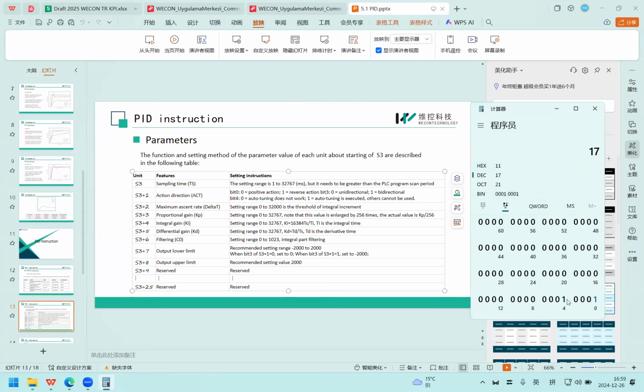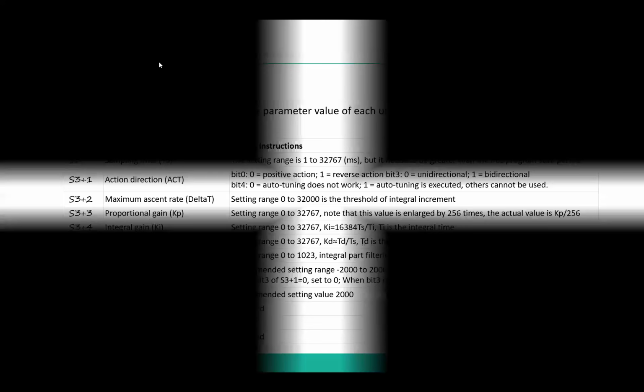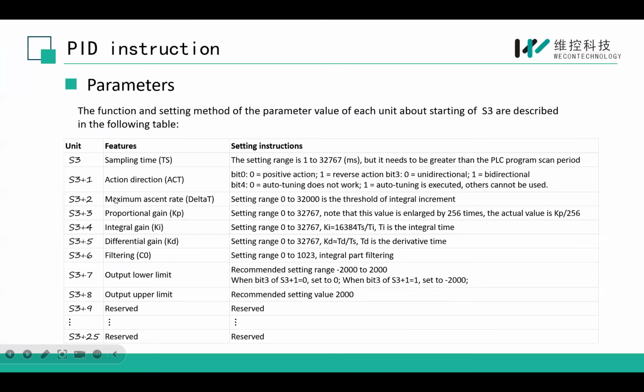If we do not use auto tuning and we want to use it as the heating control, we just set the value of D201 as 0. Okay. Any questions about this action direction parameter? Because it is a very important parameter.